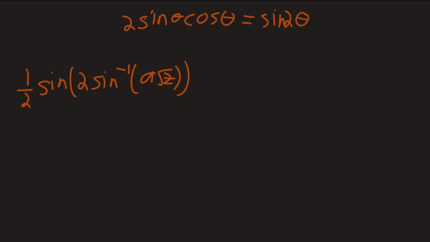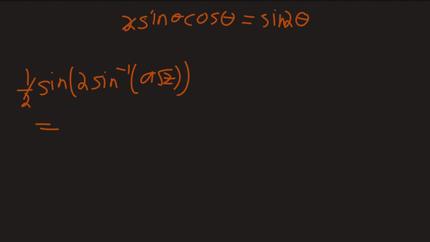sine 2 theta. And as such, we can find that this right here is just our sine of 2 theta, well, theta, quote unquote. The 2's are just going to cancel.